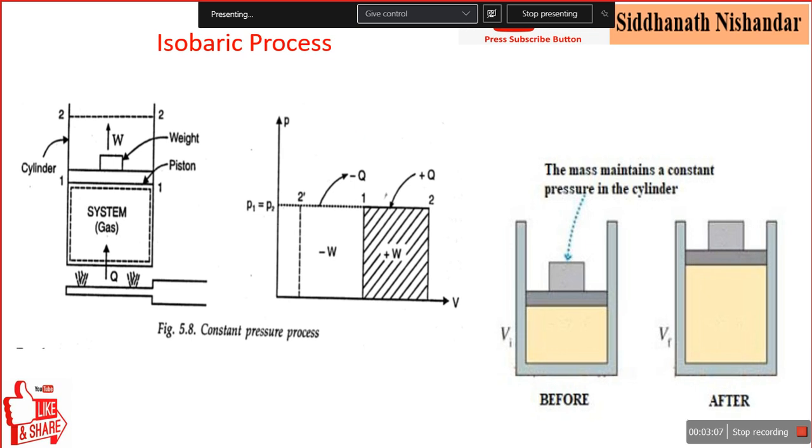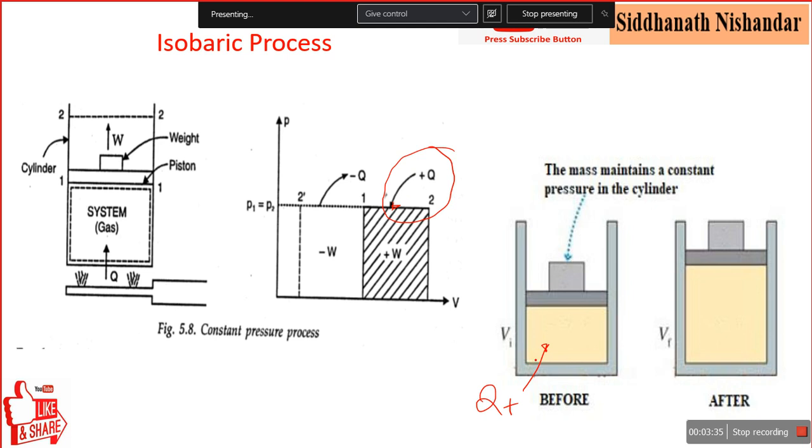Now we see the isobaric process on the PV diagram. Suppose work is done in process 1 to 2, work happens because some heat is added. Suppose the initial volume is V1, and if we add heat, the heat added to the system is positive.